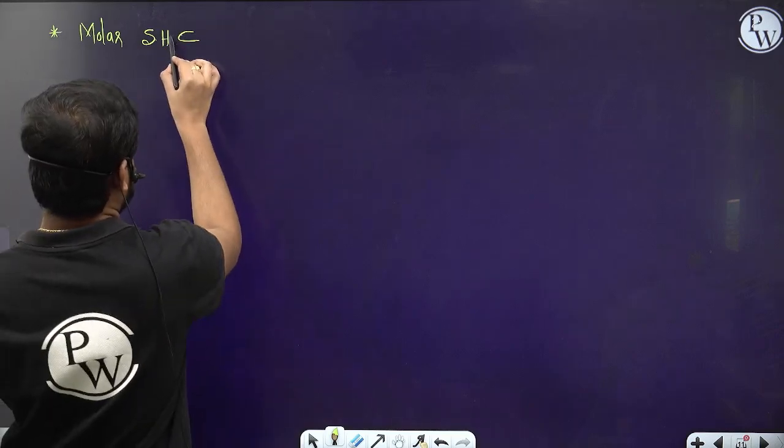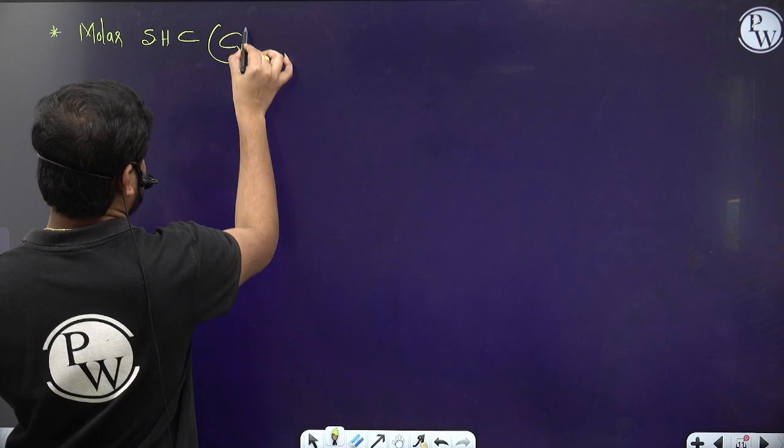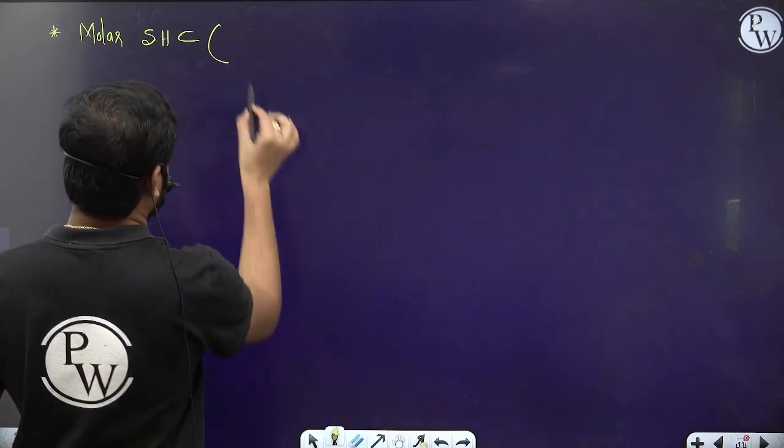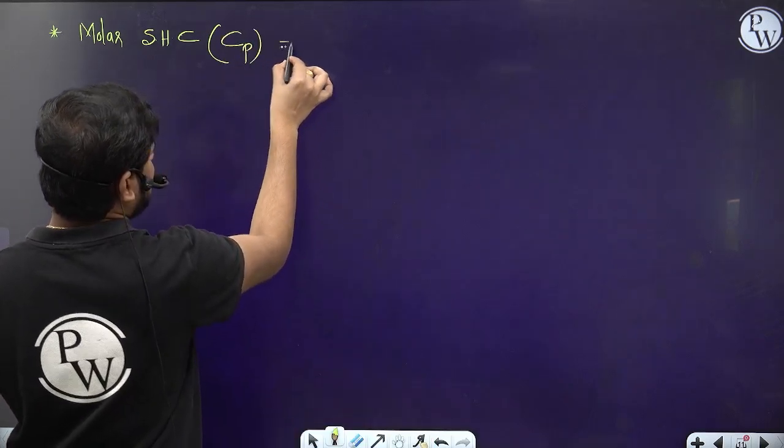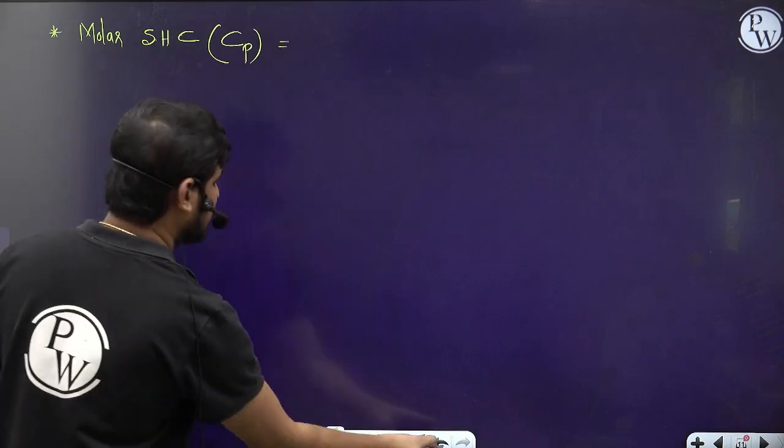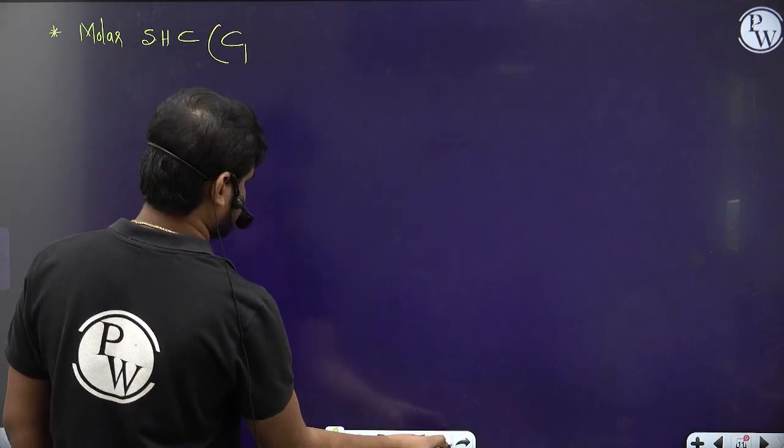What is molar specific heat capacity? The CV and CP, in the constant pressure case. What is its formula? Let's write it first.